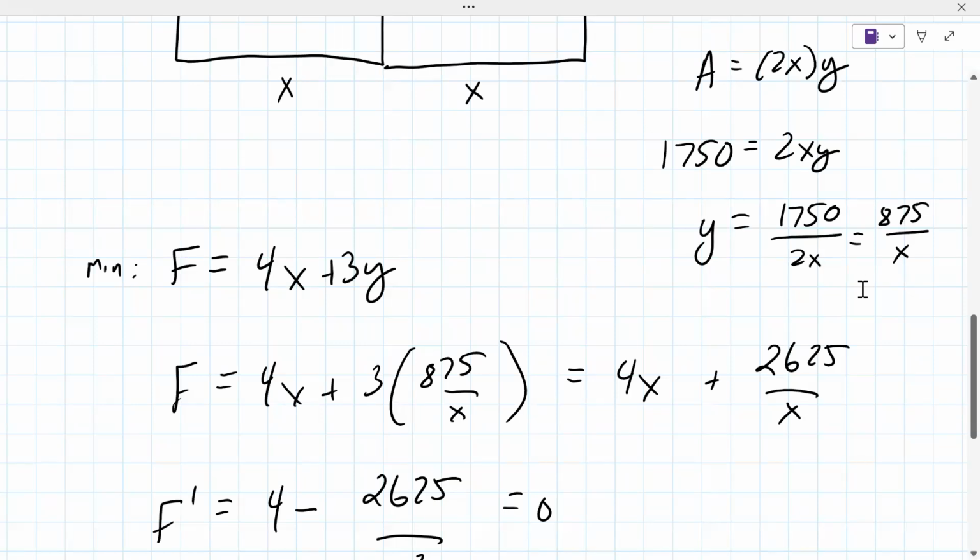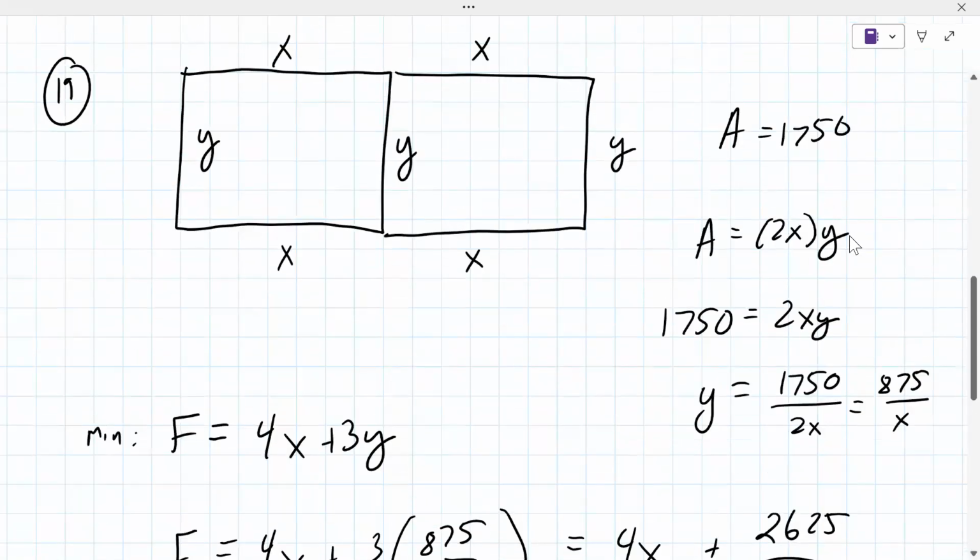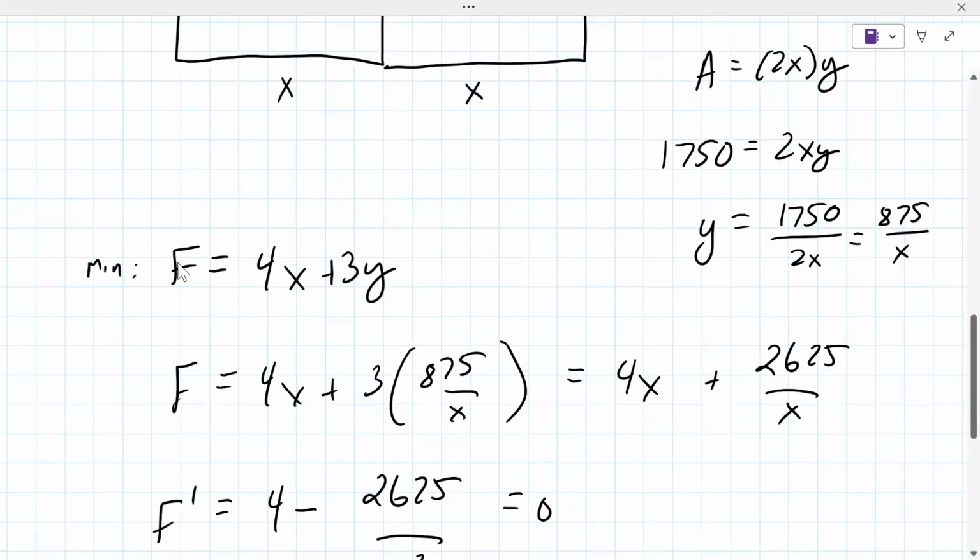So 875 divided by 25.62 is 34.15. And then you put it back into the area equation, I'm sorry, no. You put that back into the fencing equation to find the minimum fencing.